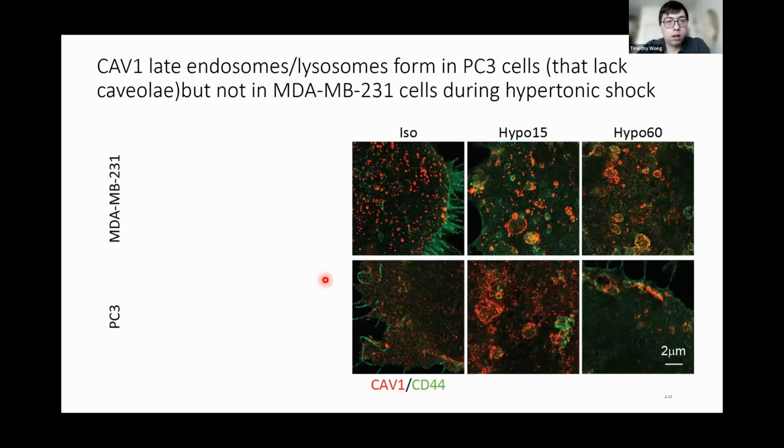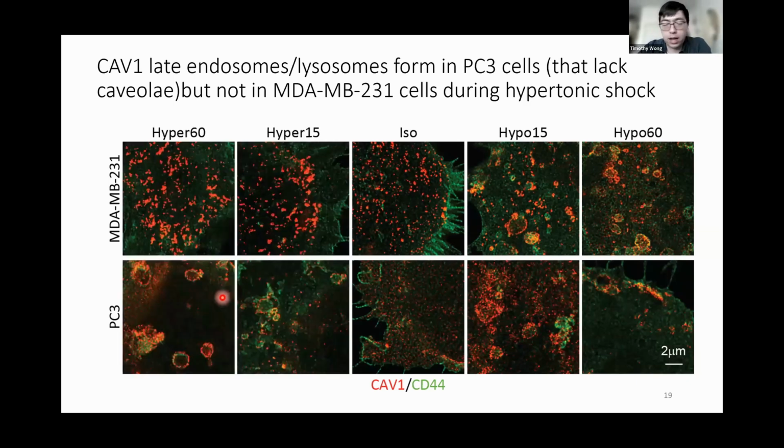With that result, we thought to test both hypotonic shock as well as hypertonic shock. In hypertonic shock, you would just get a decrease in cell volume. What we saw is that with the 231s, as shown before, you form those spherical lysosomes. In PC3 cells, we also see the formation of these spherical lysosomes.